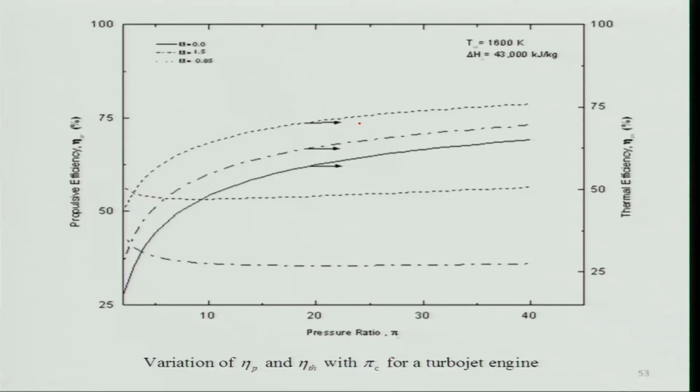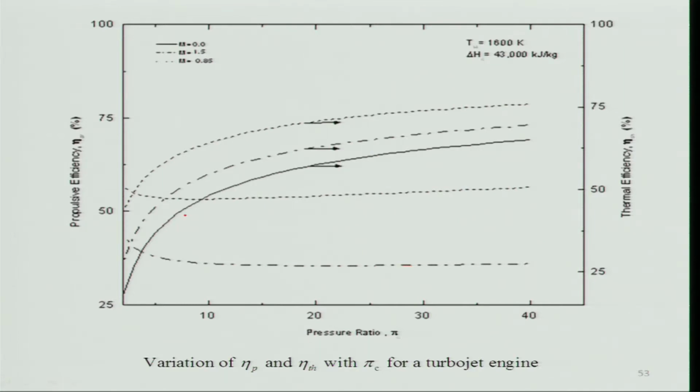So let us look at propulsive efficiency and thermal efficiency. These are the curves which are basically the propulsive efficiency, these two curves, and there is a static condition. There will be no meaning of having propulsive efficiency when the flight Mach number is equal to 0, right?